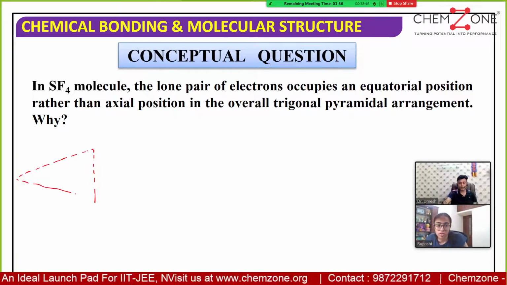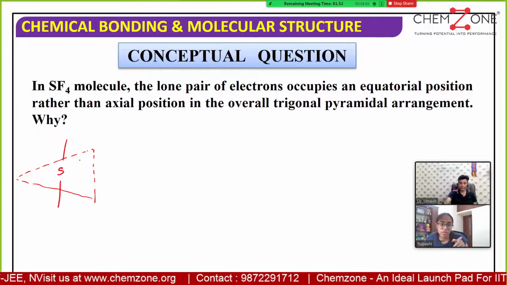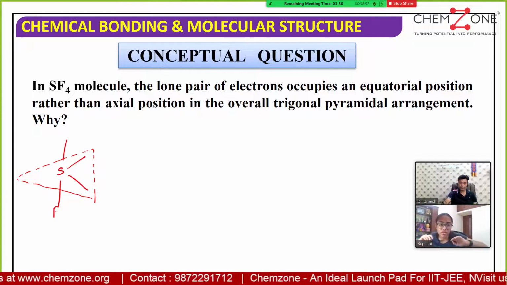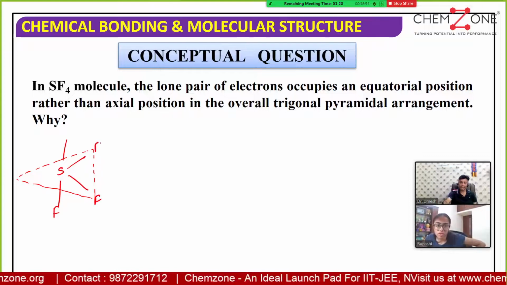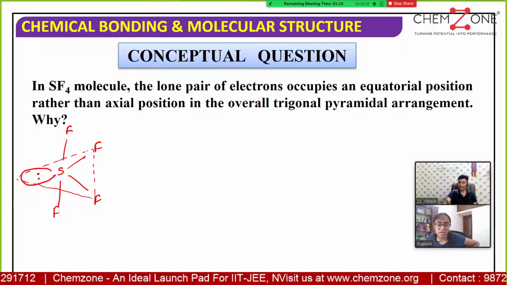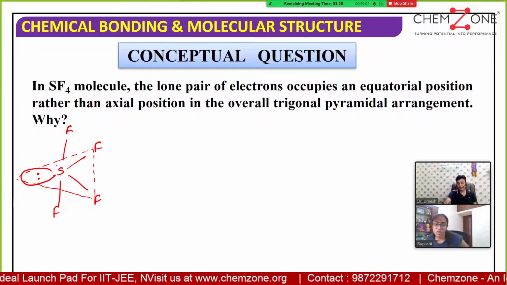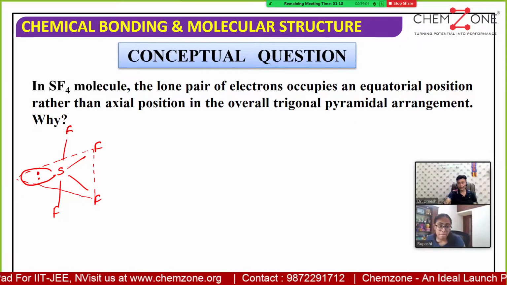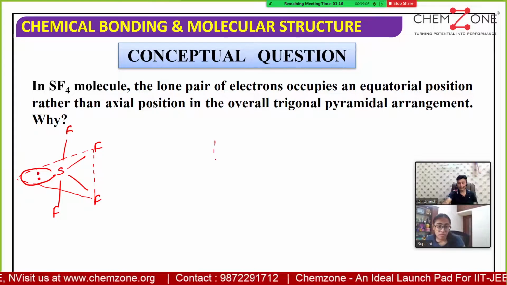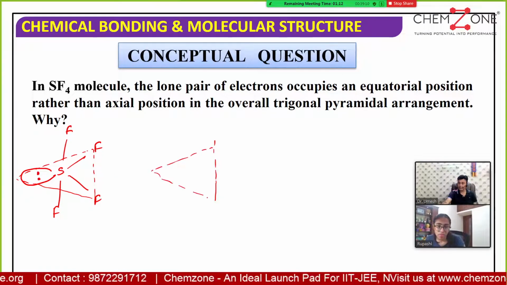SF4. That will be trigonal planar. No, sorry, trigonal bipyramidal. The lone pair is here, right? We're putting it in the equatorial position.